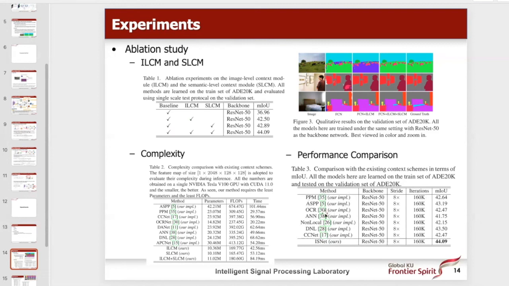The difference is that the compared methods all use image level context schemes. However, in our proposed method, we also adopt the semantic level context information. So we can see that the proposed method is superior to the compared methods.